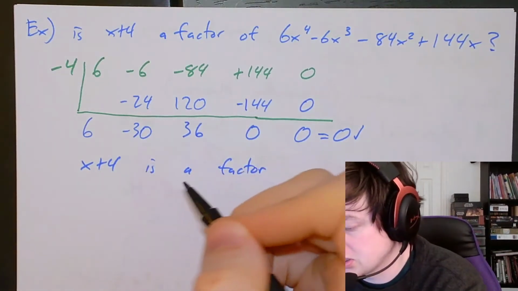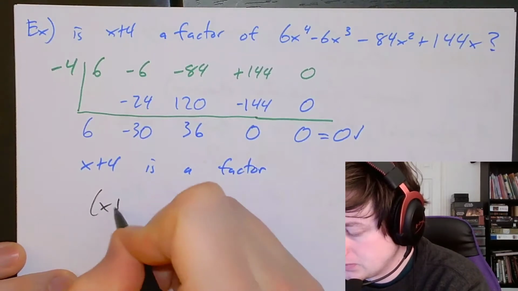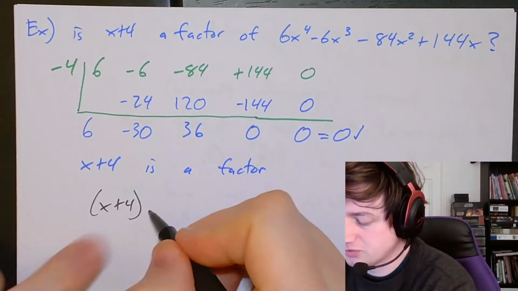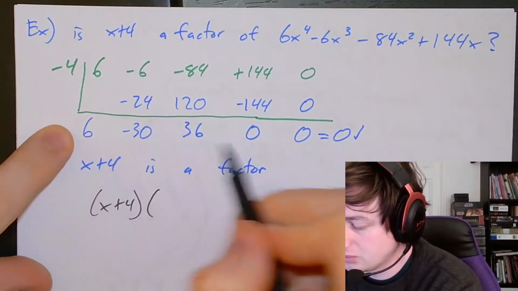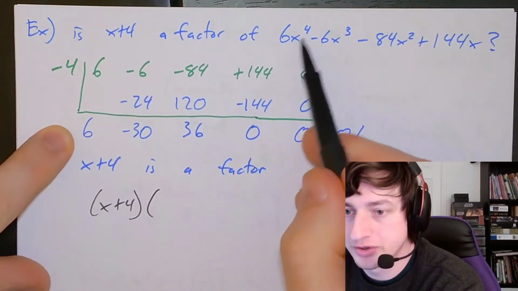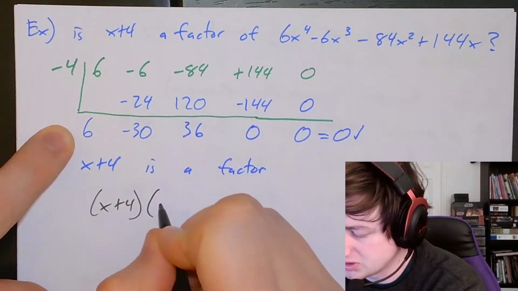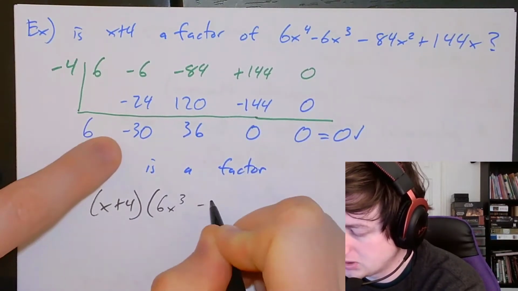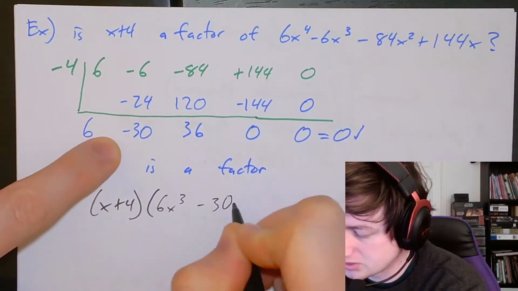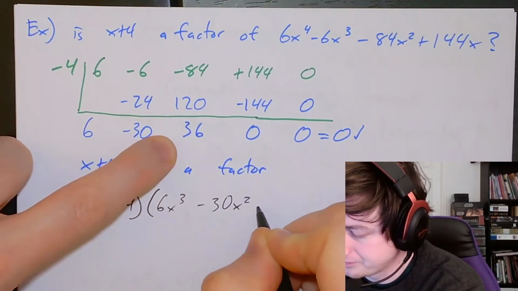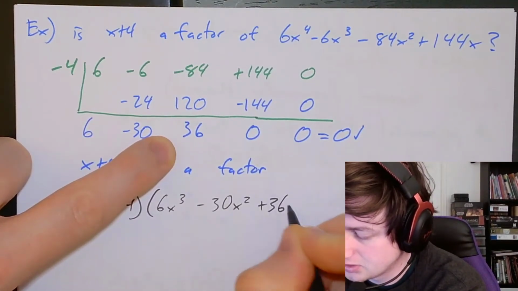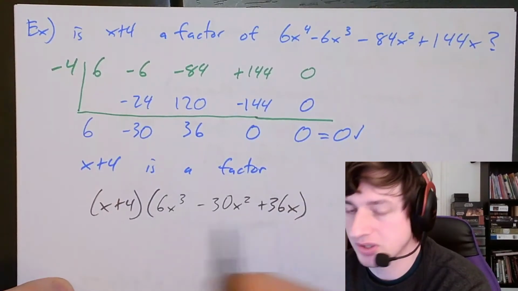Why are we checking like this? Leads into x plus 4, and then we can write the rest of this problem as 1 degree less. So from x to the 4th to x to the 3rd, so 6x to the 3rd minus 30x squared plus a 36x.